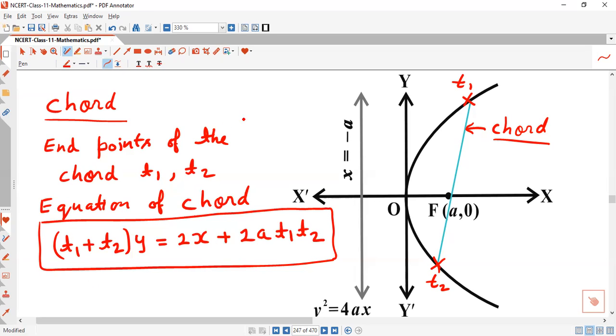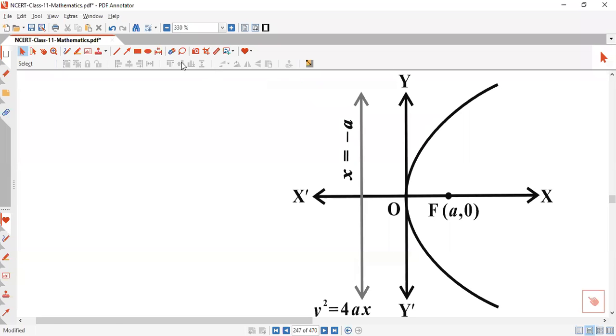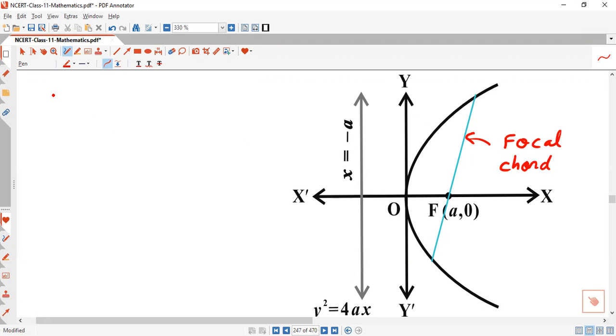It is known as a focal chord because it is passing through the focus.